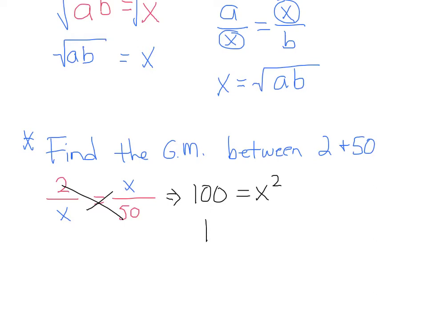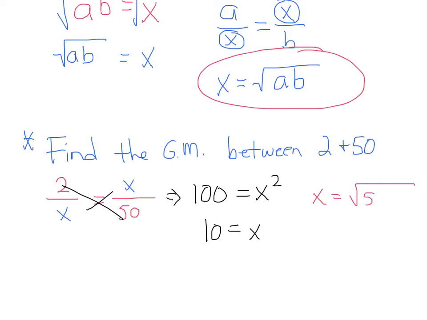Take the square root of both sides, and the square root of 100 is 10. Now if we want to shorten it up and not write the proportion, we can just go right to this fact above, that the geometric mean is equal to the square root of the product of the two numbers I'm given. So x equals the square root of 50 times 2, or x equals 10.